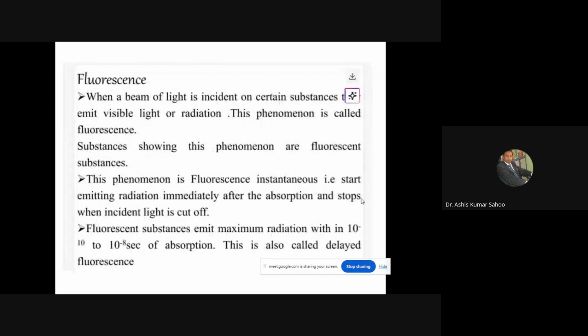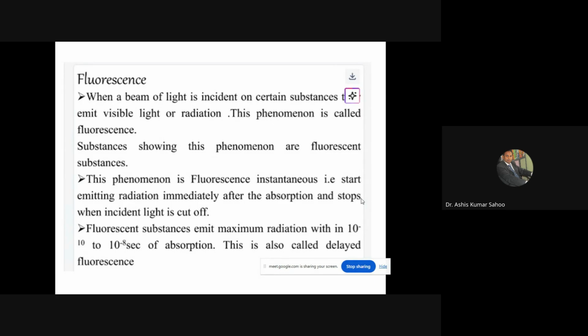So what is fluorescence? When a beam of light is incident on certain substances, they emit visible light or radiation. This phenomenon is called fluorescence. Substances showing this phenomenon are called fluorescent substances. In fluorescence, the substance starts emitting radiation immediately after the absorption and stops when the incident light is gone.